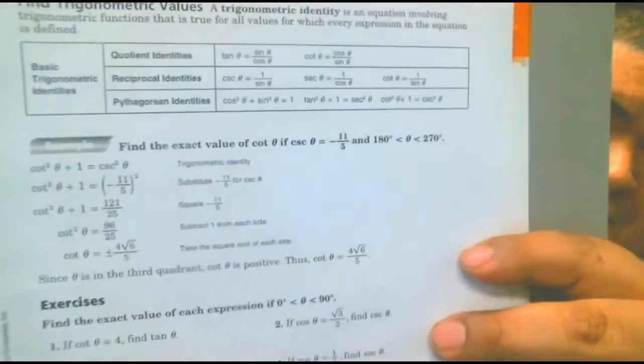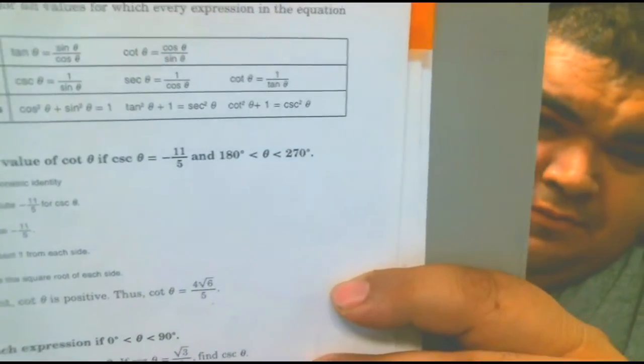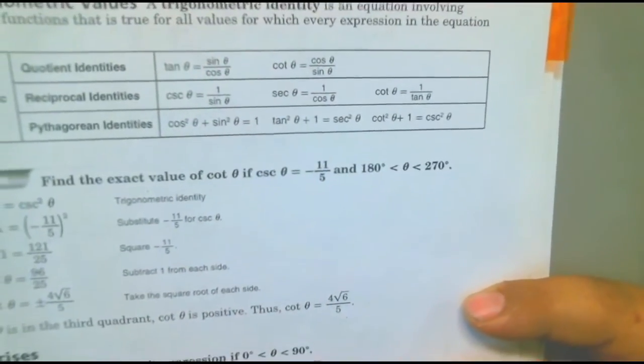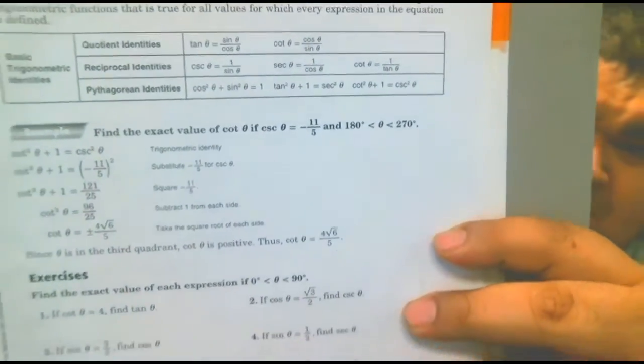This chart on top, as you guys can see, has quotient identities, reciprocal identities, and Pythagorean identities. We need to get familiar with them, learn them, because today we're actually going to use them.